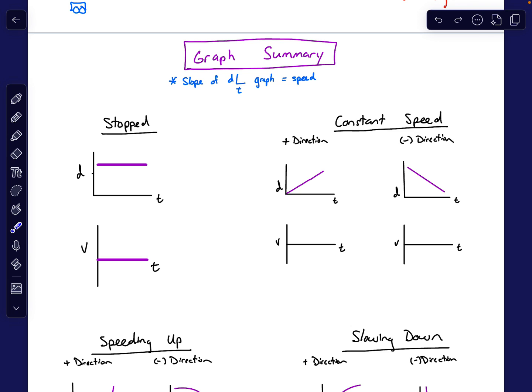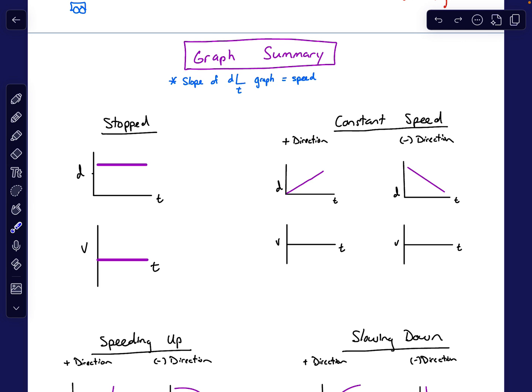All right, so if we have an object that is stopped, I'm looking at the slope of my distance time graph. I have distance time on top, I have velocity time on the bottom, and notice the slope is 0, therefore the velocity over that interval will be 0.